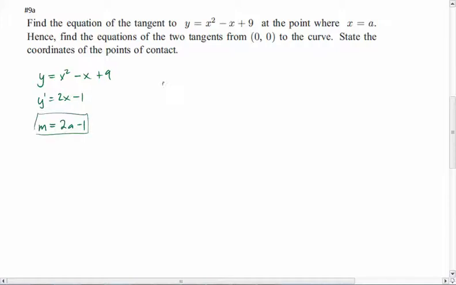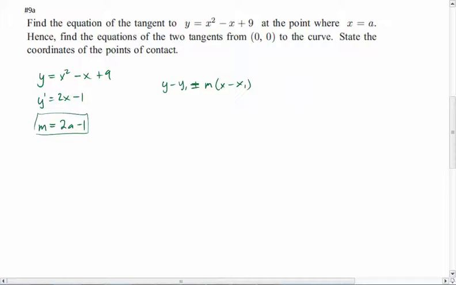So now we're going to go y minus y1 equals m times x minus x1. Alright, so now we need a point.